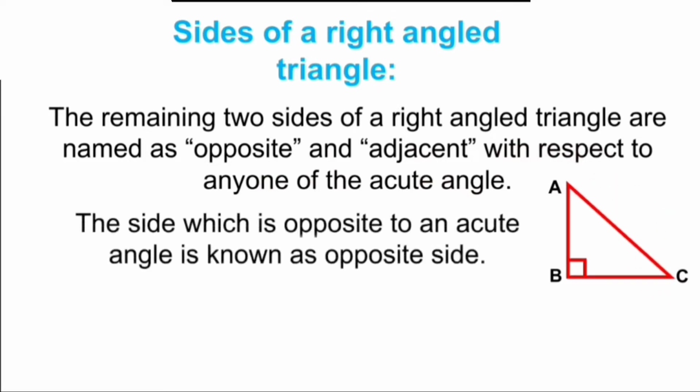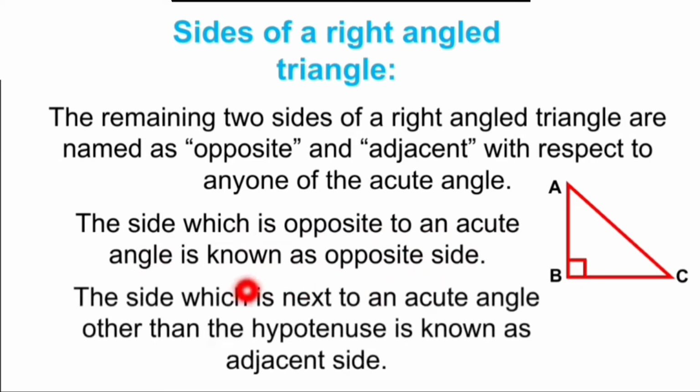It means the side which is opposite to an acute angle is known as the opposite side. Next, the side which is next to an acute angle other than the hypotenuse is known as the adjacent side.